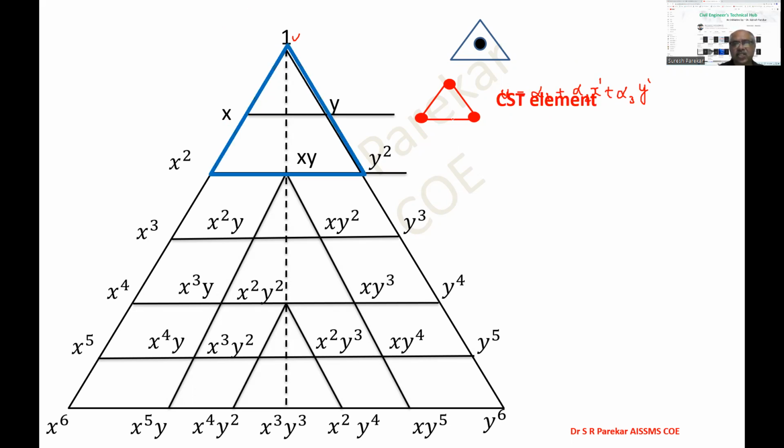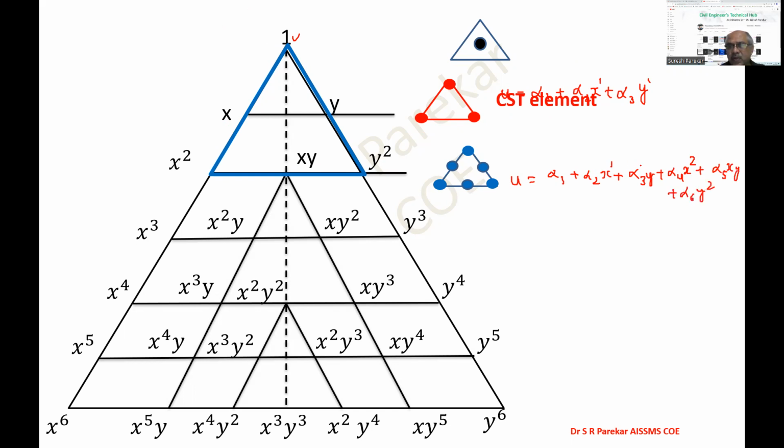Now we can have this 6-noded. So if I write the function for this, then I have u equal to, now 6 terms we have to consider: alpha 1 plus alpha 2 x plus alpha 3 y plus alpha 4 x square plus alpha 5 xy plus alpha 6 y square.